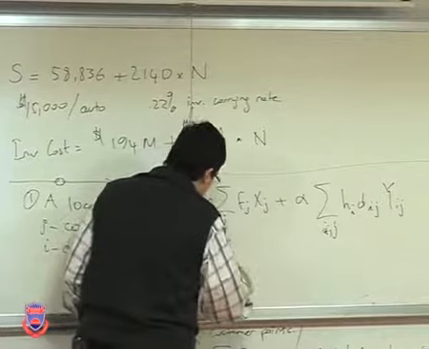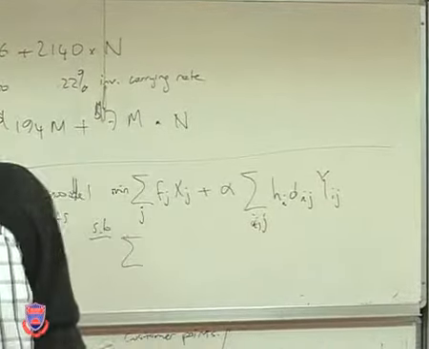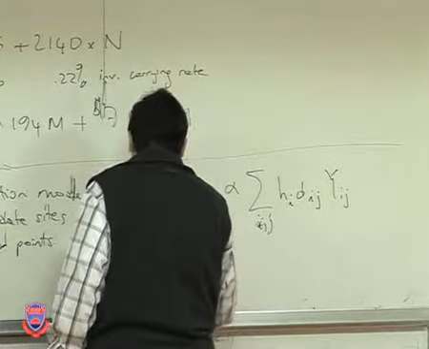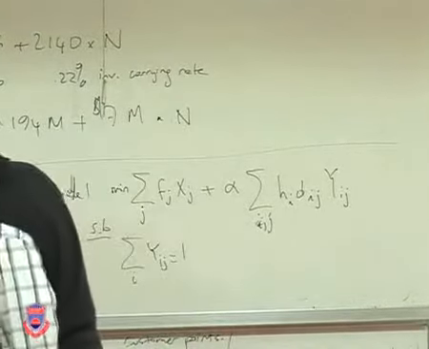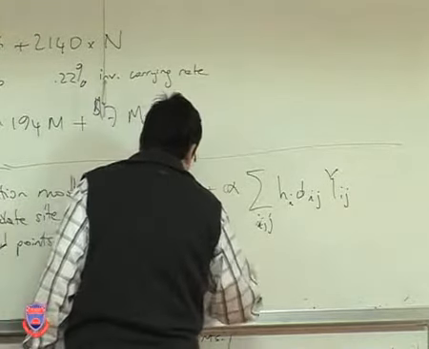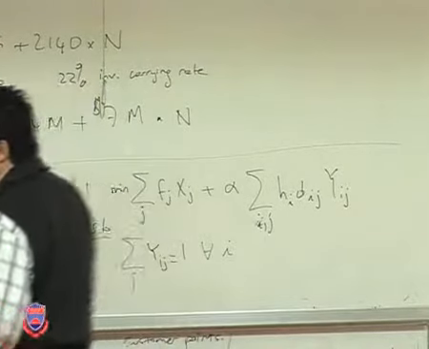Let me write the model first, subject to summation over all j of yij equal to 1, for all i. So this is number 1.